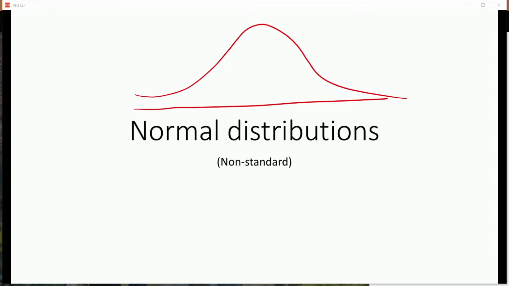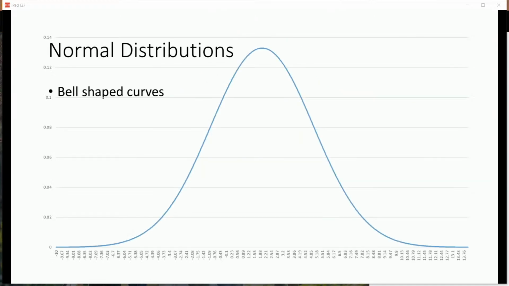But what we want to do with this is use it to compute probabilities. Before we can do that, though, I need to make sure that we can orient ourselves to this curve. I know we've already done this a little bit with the empirical rule, but in general, whenever you have a nice bell-shaped normal curve like this, the middle is the mean.